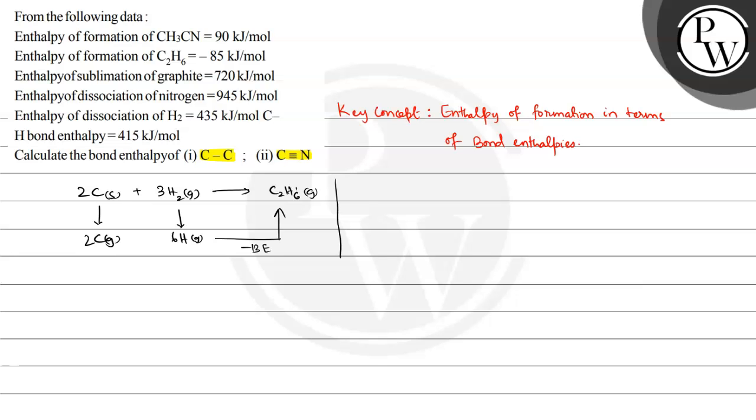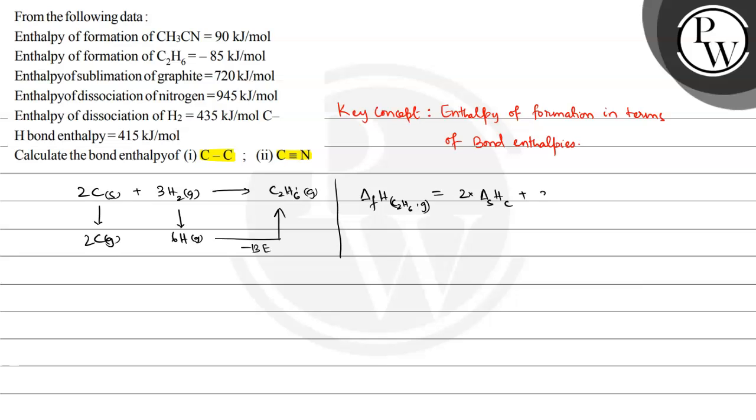So इसकी जो enthalpy of formation होगी, delta F H of C2H6 in gas will be equal to 2 multiplied by sublimation enthalpy of carbon plus जो dissociation energy of hydrogen है वो 3 से मल्टीप्लाई होगी because 3 moles of hydrogen are getting dissociated.